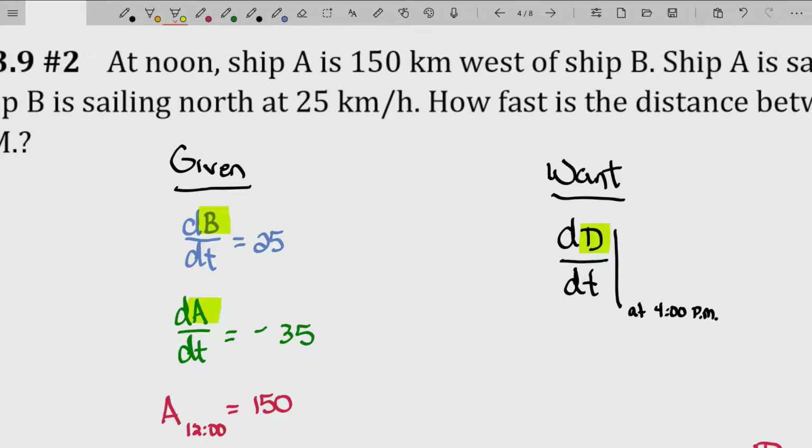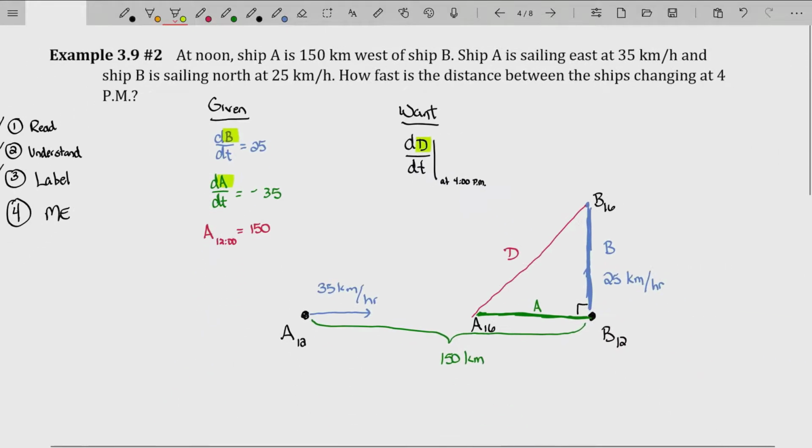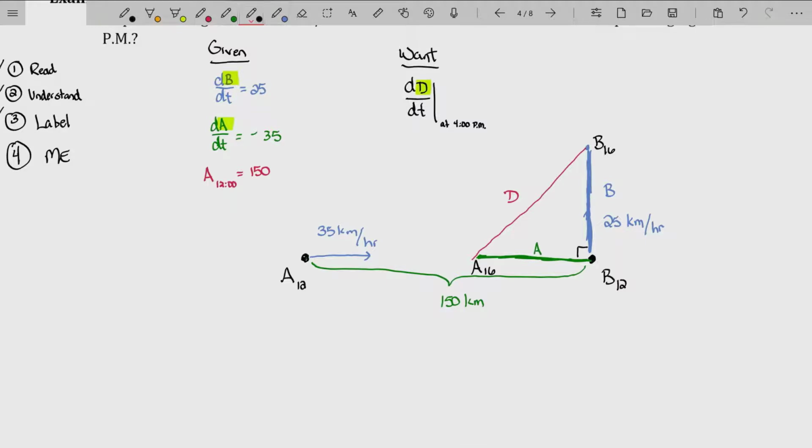Whenever you have derivatives, you want to relate the variables within those derivatives, A, B, and D. And if you can find an equation here based off our picture, good for you, right? It's the Pythagorean theorem. So our master equation is going to be A squared plus B squared is equal to D squared. That's it.